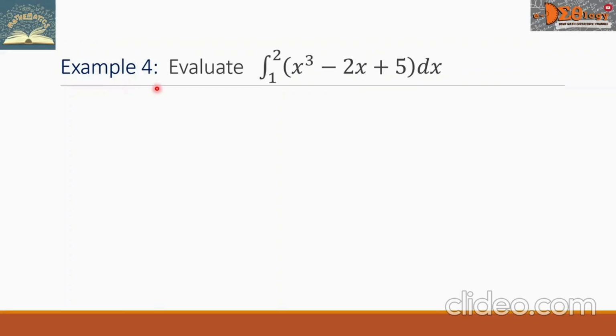Example 4. Evaluate the definite integral x cubed minus 2x plus 5 dx from 1 to 2. Let's integrate like indefinite integral.